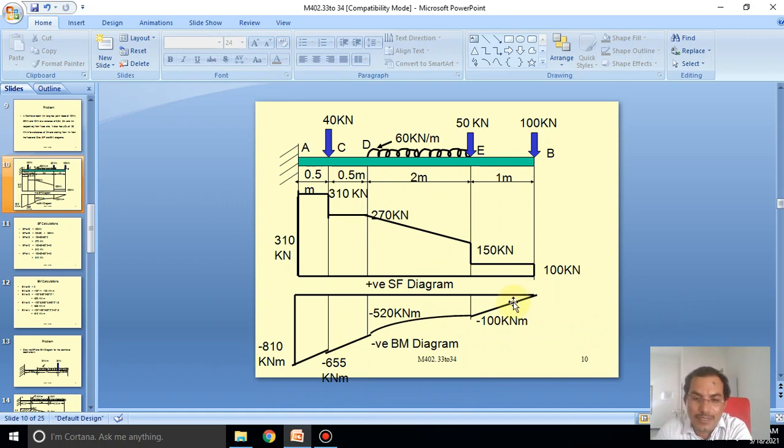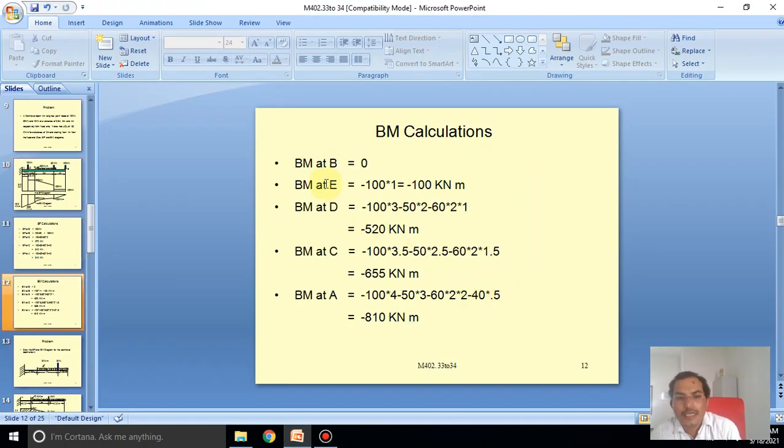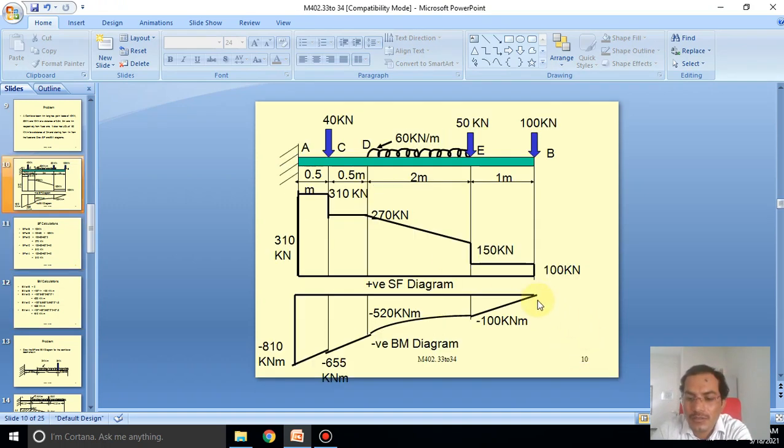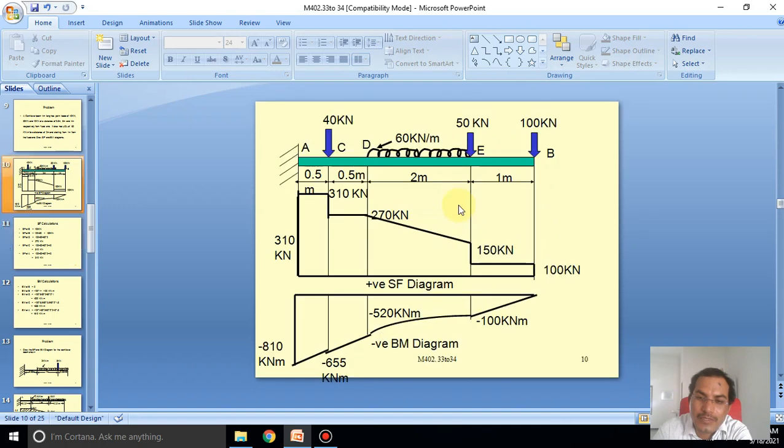However, we can draw the vertical line, and along that vertical line we draw the bending moment diagram. So at the point of 0 there is no change, and then starting at the point E, the 100 load is also applied up to 0. So 100 plus 50 is equal to 150.